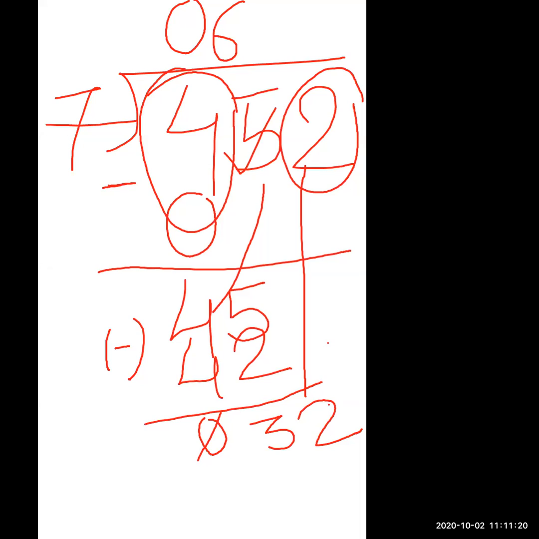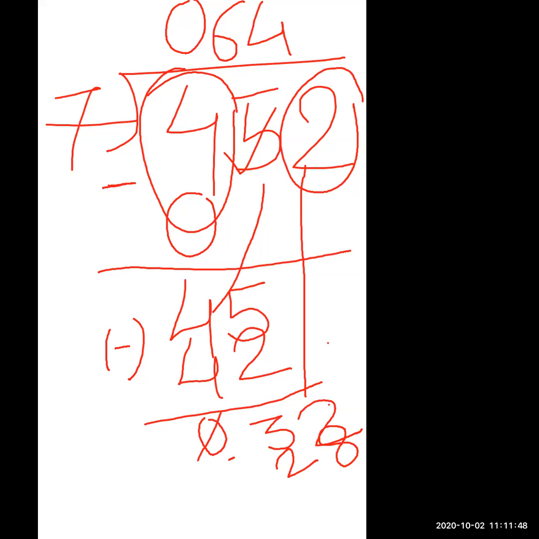So you write 4 here. Wait a second, student. 7 fours are 28. Now space is not there on my whiteboard. 32 minus 28, your answer is 4.